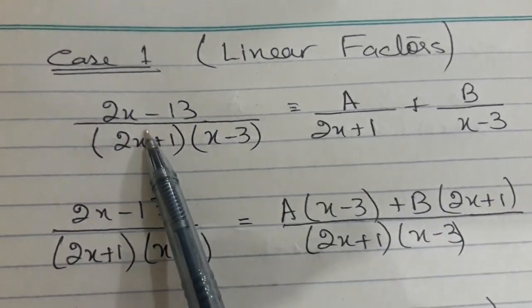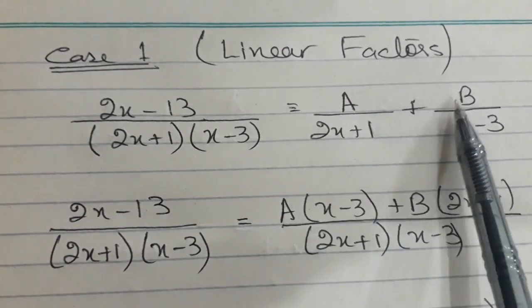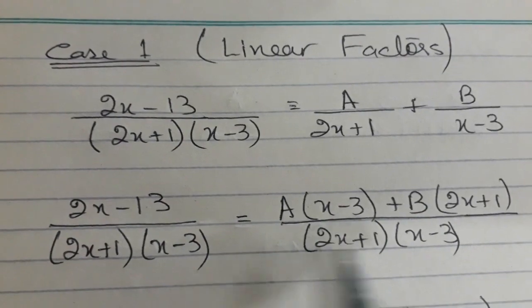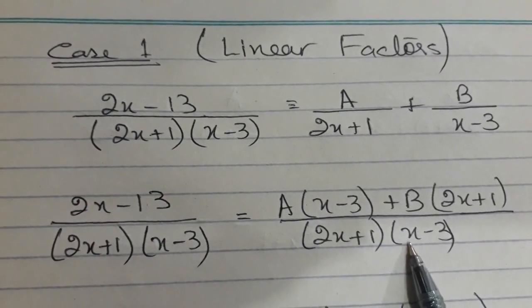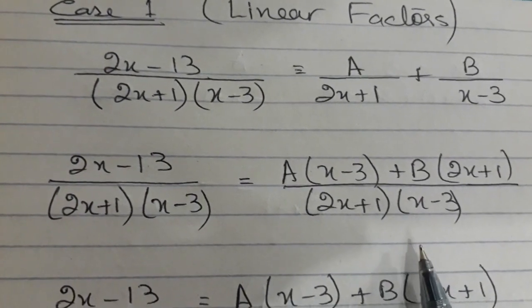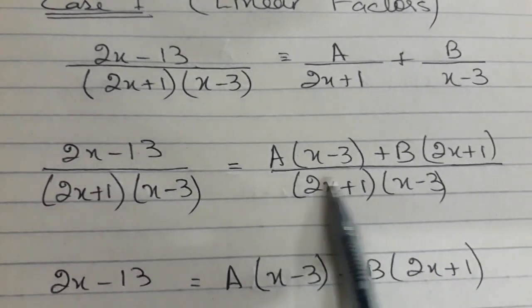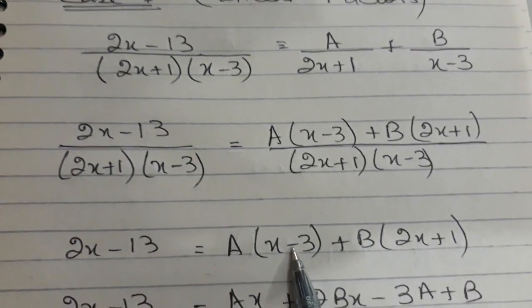So remember, if it is a linear factor, you will write one letter on top of each. After that, you will take the LCM of this side. You know how to take LCM. This is prerequisite knowledge, you should have it. And then, because the denominator is the same, we are just writing the numerator.